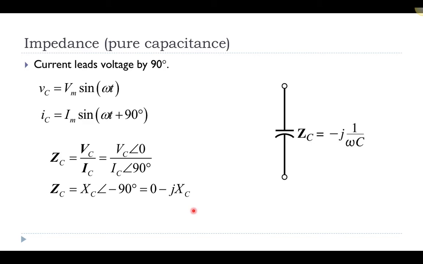So if you're comparing capacitors and inductors, they both have imaginary parts in terms of their impedance. One has a positive 90, that would be the inductor, and the capacitor acts opposite that and has a negative complex part. And remember that reactance for a capacitor is just 1 over the angular frequency times the capacitance.